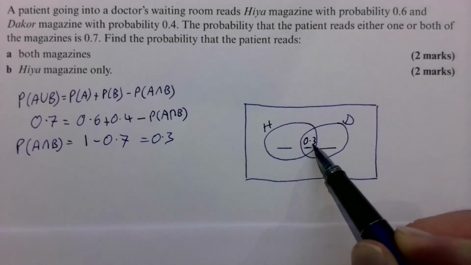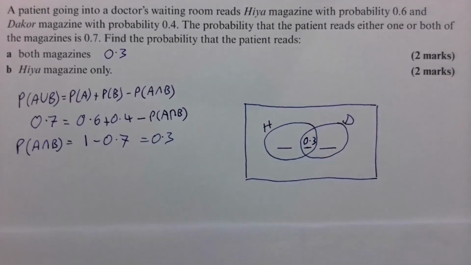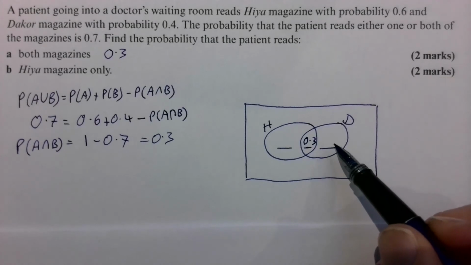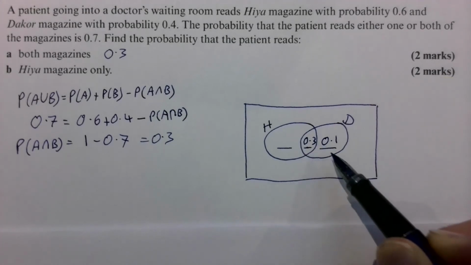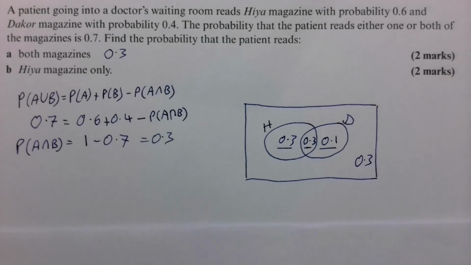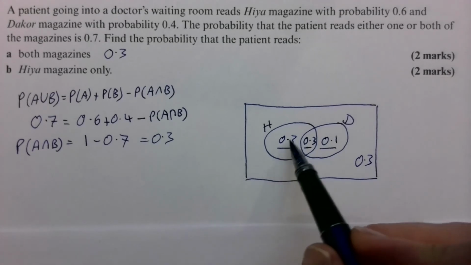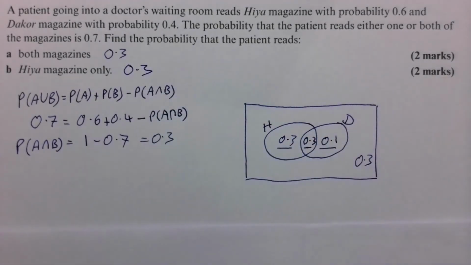And now that I've got 0.3 there, well, that is the probability of both magazines. I can fill in the rest. I know that Decor is probability of 0.4, so 0.3 plus 0.1 is 0.4. 0.3 plus 0.3 is 0.6. Must also be 0.3 over there. So Hiya magazine only will also be 0.3.